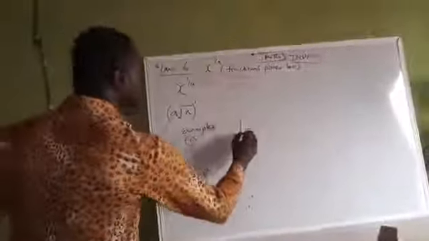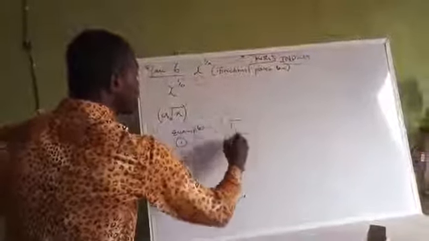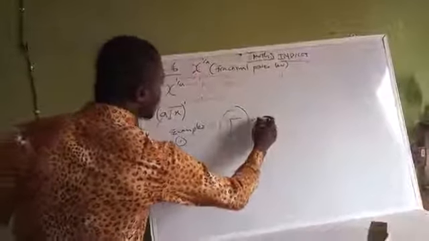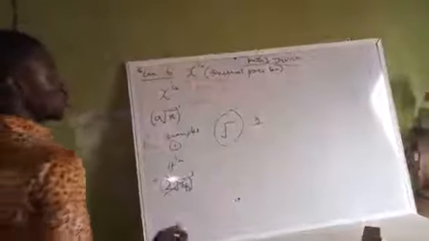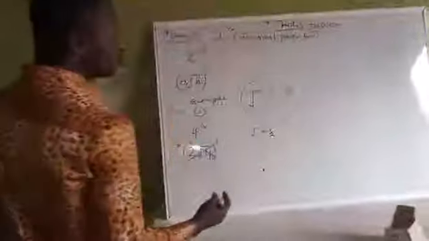But mathematically, I repeat, it is unfair to write something like this. Why? Because this symbol root is 1 over 2. So whenever you see roots, it's just as if you are telling us 2 or 1 over 2.